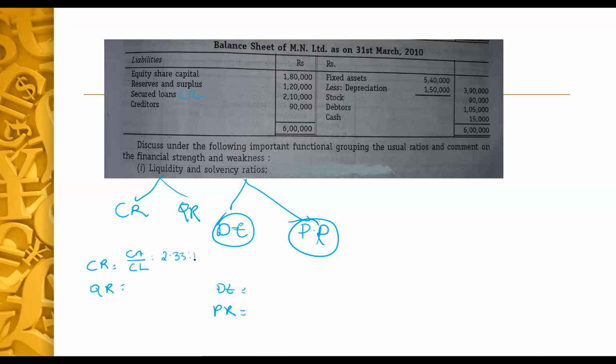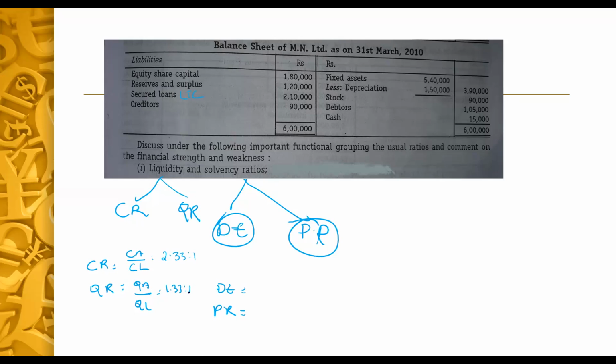What about quick ratio? Quick assets by quick liabilities. Quick assets means current assets minus stock and prepaid expense. 1.33? Are you able to do it, all of you?